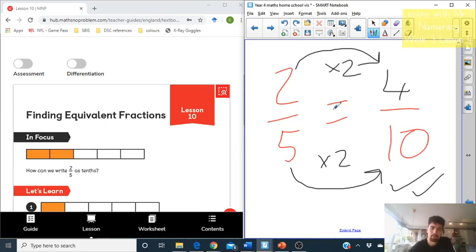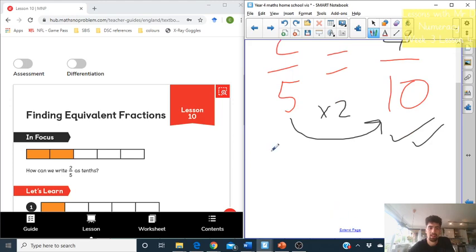What if the question said, can we write 2/5 as 12ths? Can 2/5 be equivalent to 12ths?